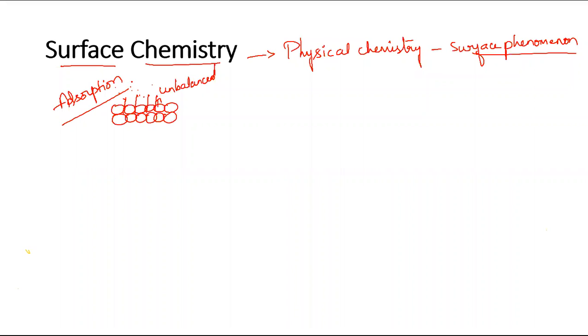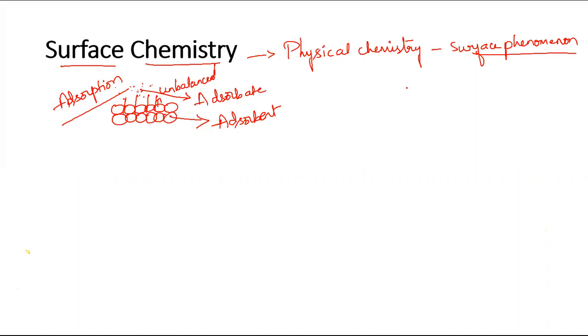The substance that adsorbs on the surface is called the adsorbate. The gas or liquid particles that get adsorbed are called adsorbate. Whereas the surface which is involved in the adsorption process is called an adsorbent. Both together form the adsorption process.